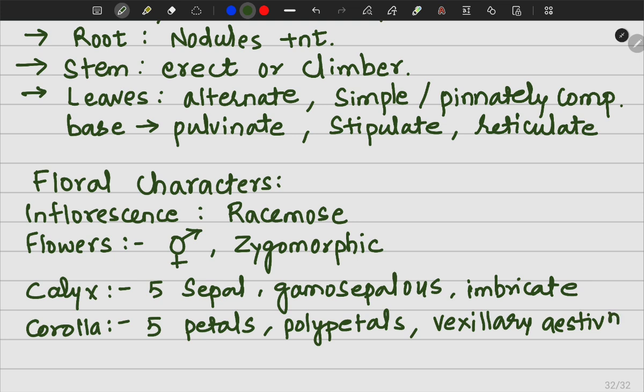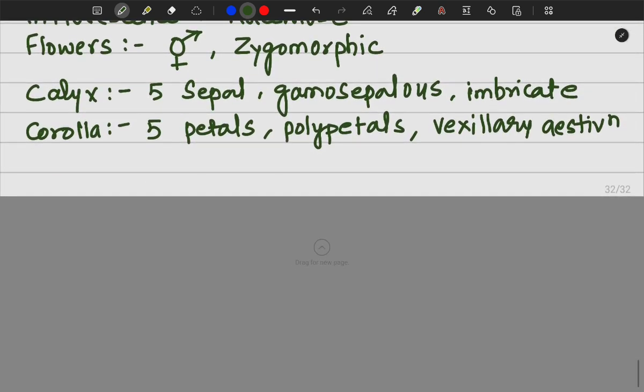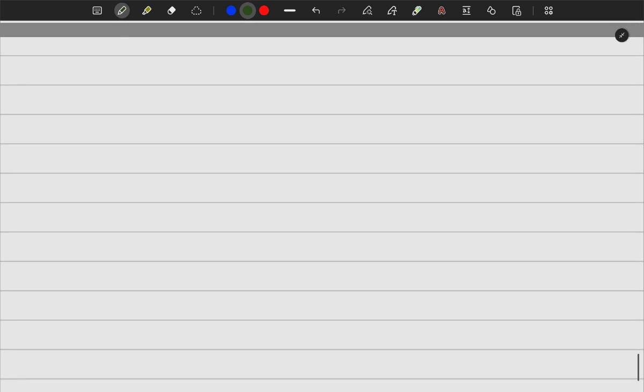Vexillary aestivation. If you remember, we also studied about the vexillary aestivation, in which we saw that there's one large petal which is called a vexillum or standard.